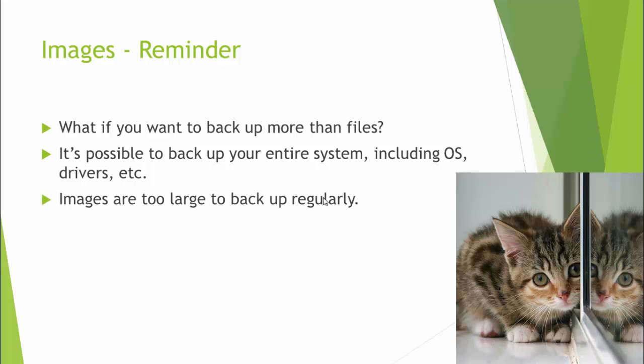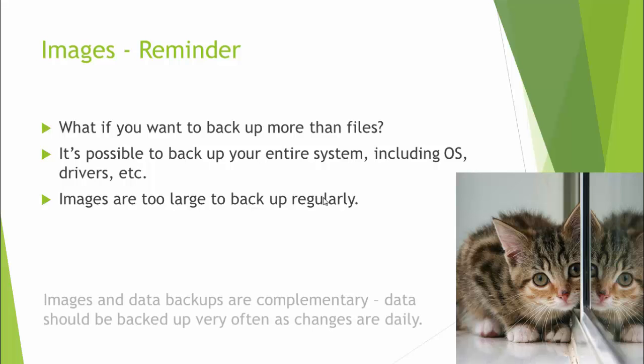And those images are too large to back up on a regular basis, and they don't change that often. So your system image should be considered to be complementary to your data backup. Data should be backed up on a very regular basis, weekly or daily, whereas your system image may only need to be backed up, for example, every 6 months.